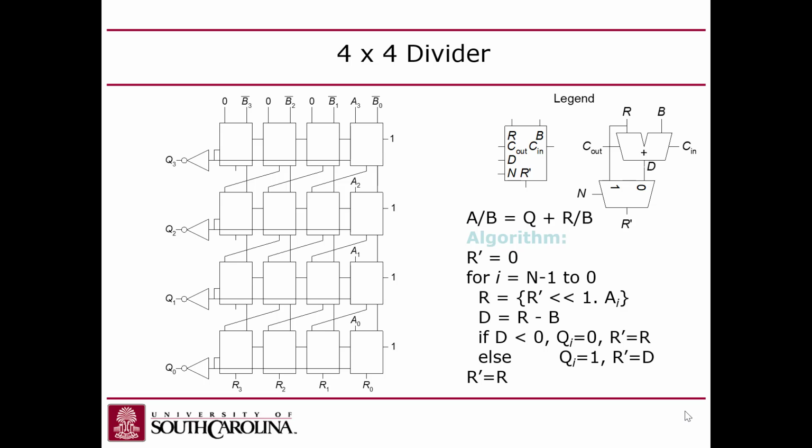So the only thing you see there is 0, 0, 0, A3. Then they add, but they're adding the 2's complement, so they're subtracting B. And they're taking the carry out of the most significant adder, and that's the quotient bit.